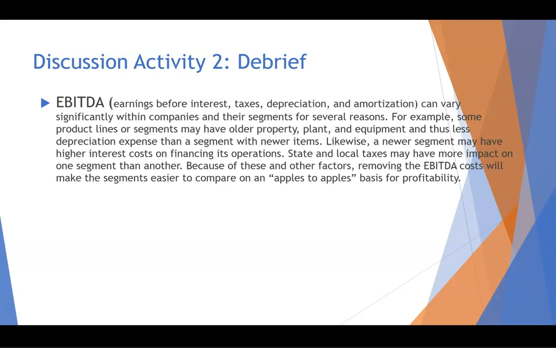It says here, some product lines or segments may have older property, plant, and equipment, so they would have less depreciation than a newer item. Or a newer segment may have higher interest costs. State and local taxes can have more impact on one segment than another. So they're saying it might help in comparing apples to apples if you don't put all these other items in it.